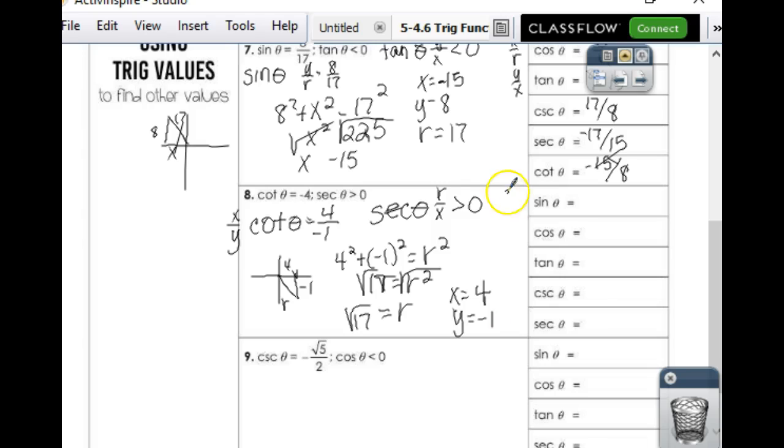So the sine is going to be y over r. So I get negative 1 over the square root of 17. Can I have the square root of 17 on the bottom? So I'm going to have to rationalize that.